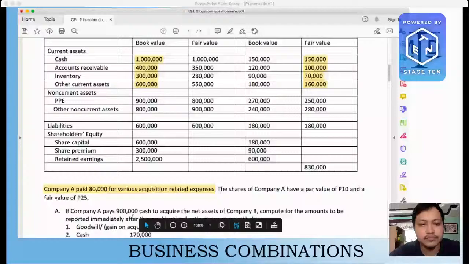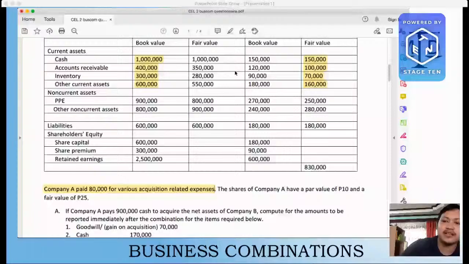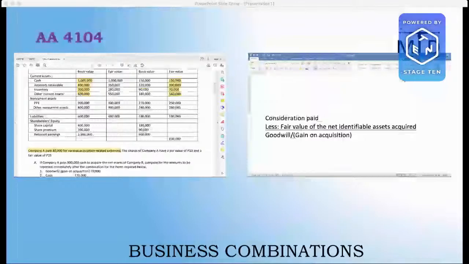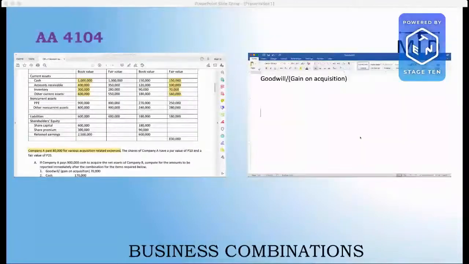Okay, so how much is your combined cash? 170,000. Combined accounts receivable, 500,000. Combined inventory, 370,000. Combined other current assets, that would be 760,000. Let me write it down. Cash would be 170,000.